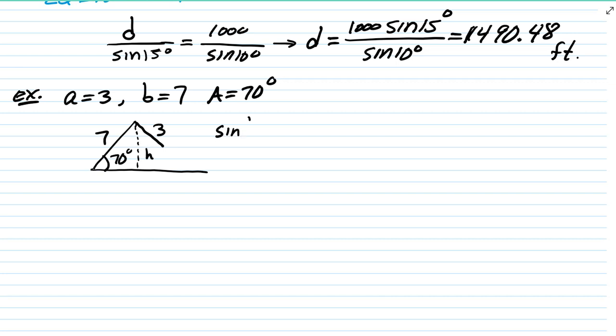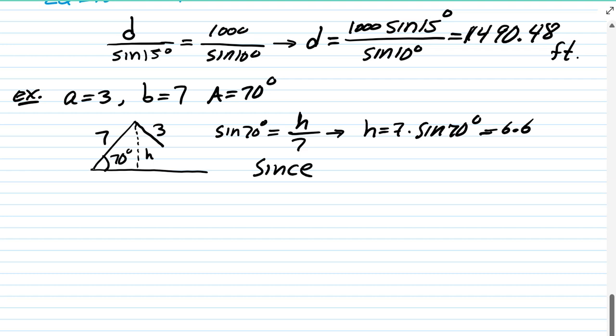So I can say that sine of 70 degrees is opposite h over the hypotenuse 7. So h would be 7 sine 70 degrees. Using my calculator, I get a minimum tolerance of 6.6.